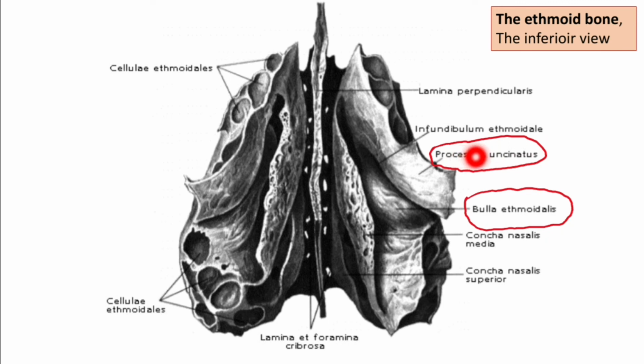It's called processus uncinatus, and in between there is an infundibulum, right? Infundibulum ethmoidale, and you can appreciate again, I said this one is the inferior surface. You see lamina perpendicularis, and here you see ethmoidal cells. Here you see the lamina cribrosa and foramina cribrosa.